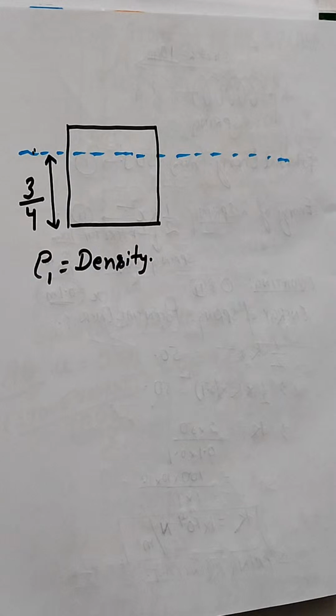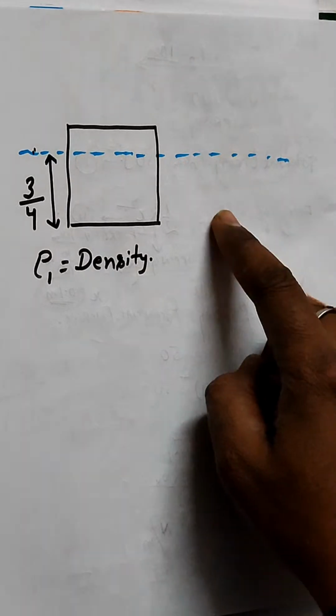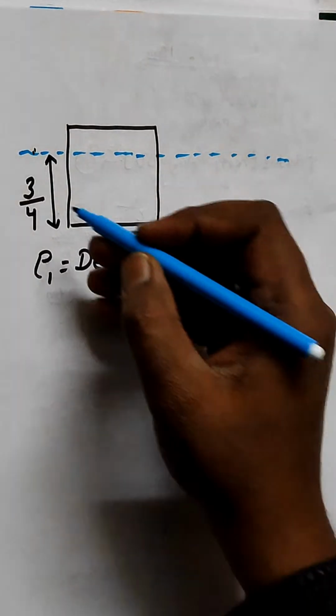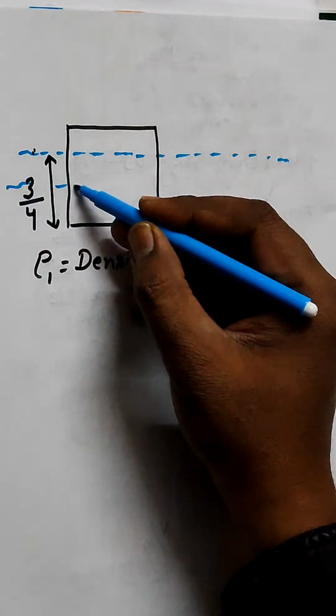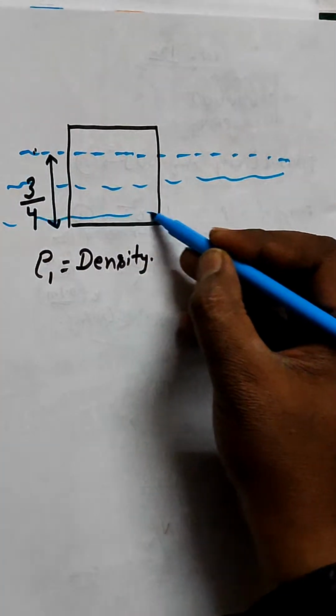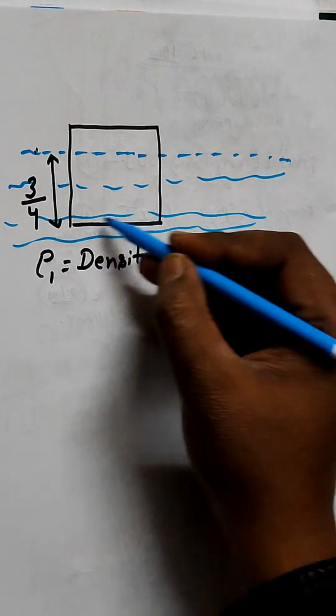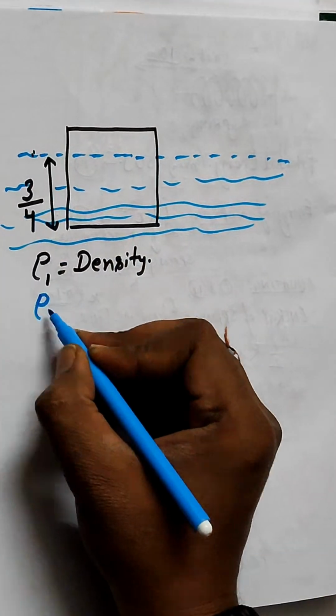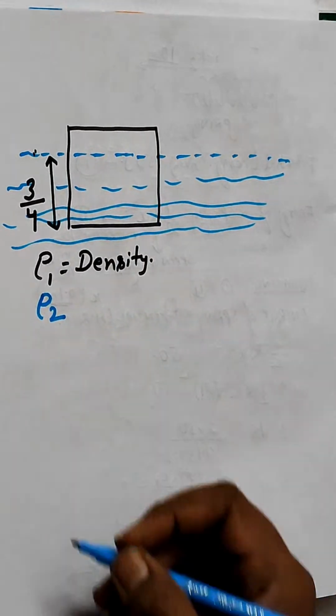And float 3/4 submerged in a liquid of density rho 2. And the density of this liquid is given as rho 2. So if this is just submerged, we can say if this is water, the density of water is rho 2, right?